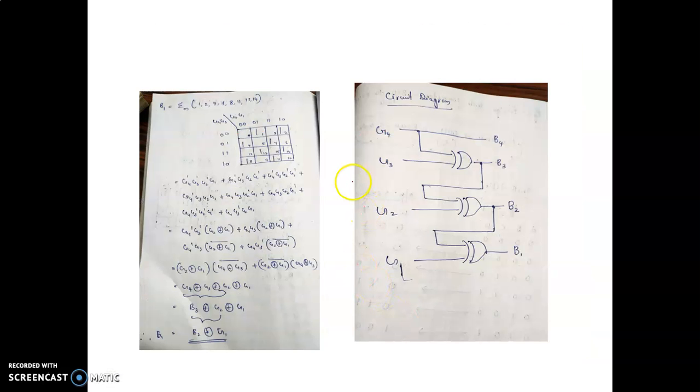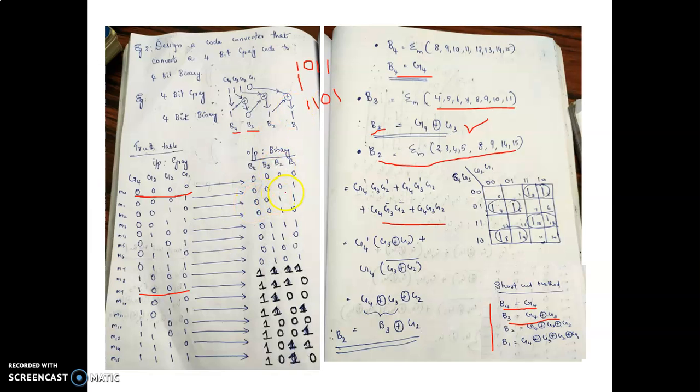Now your B1. In the truth table, you can see that B1 is the sigma of values 1, 2, 4, 7, 8, 11, 13 and 14, isn't it?